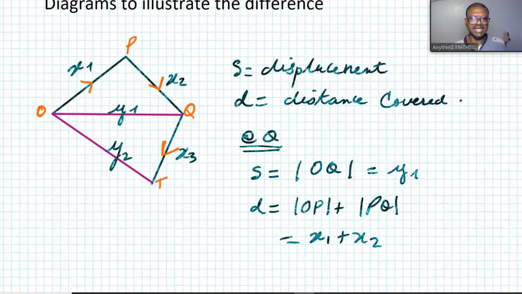So it's quite clear that at this point, the distance covered or traveled is totally different from the displacement at Q.